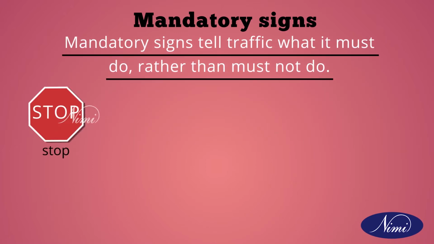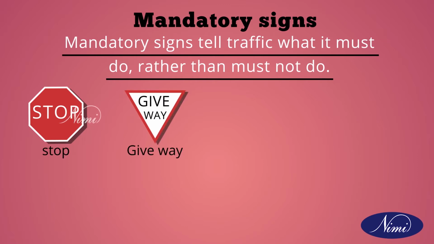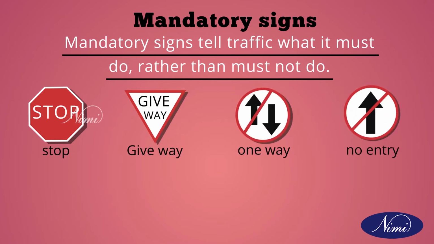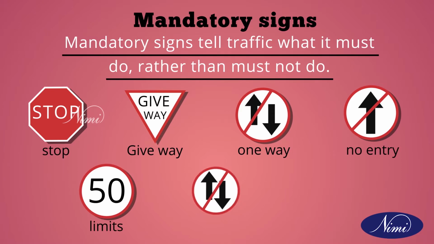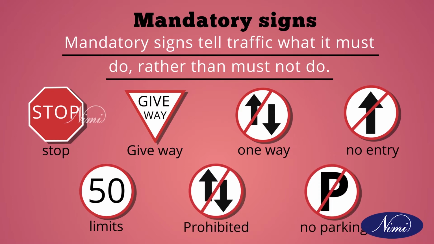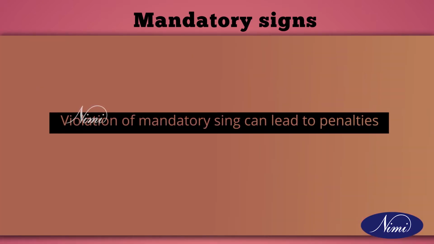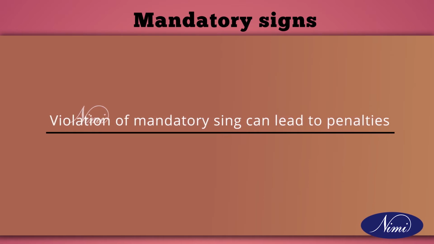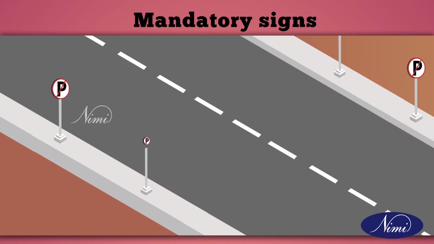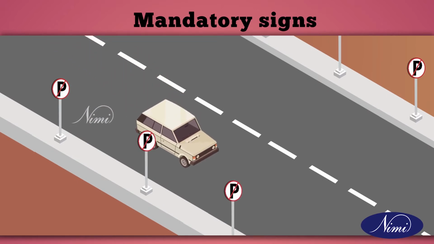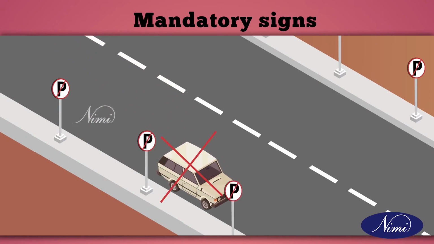Examples: stop, give way, one way, no entry, limits, prohibited, no parking signs. Violation of a mandatory sign can lead to penalties. For example, in a no parking area, if we park our vehicles, it is a finable action.